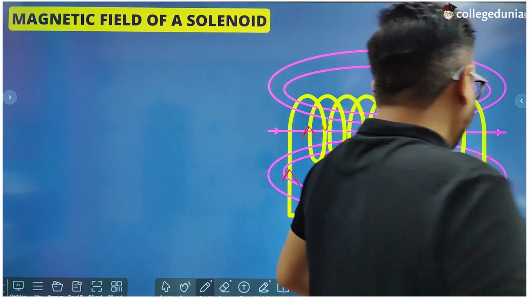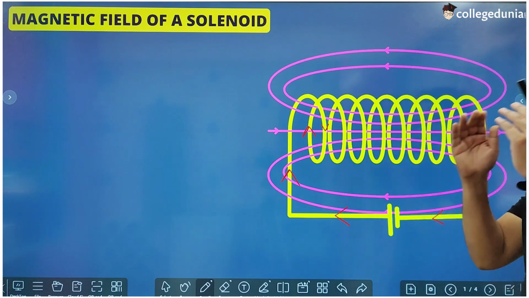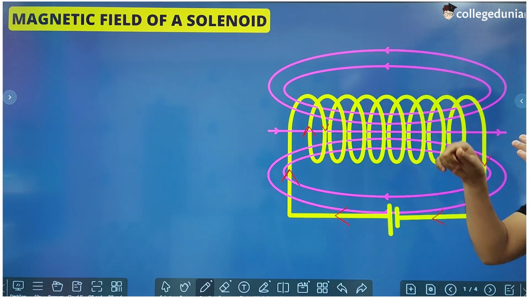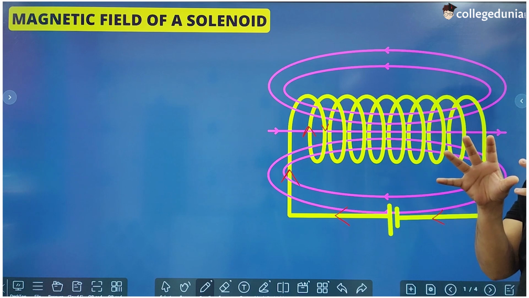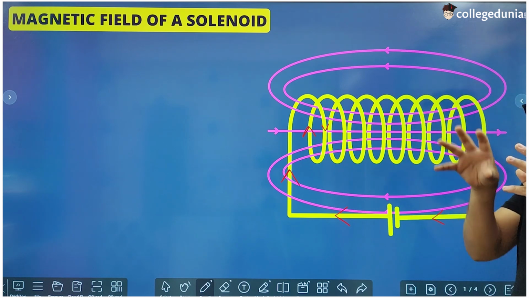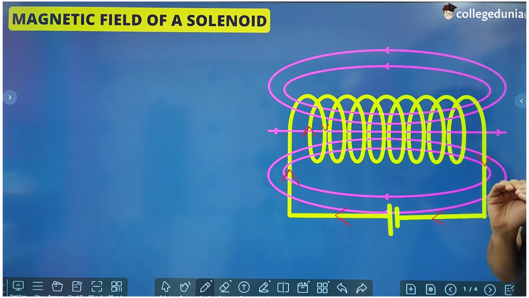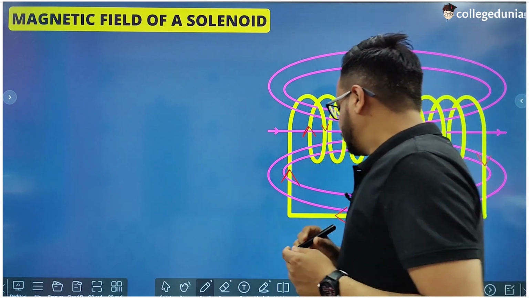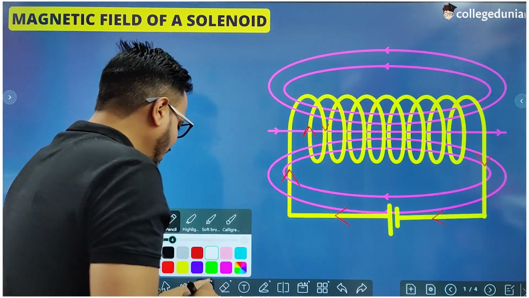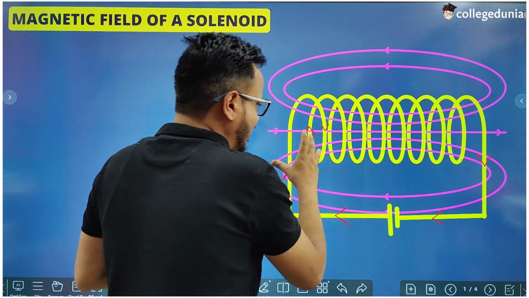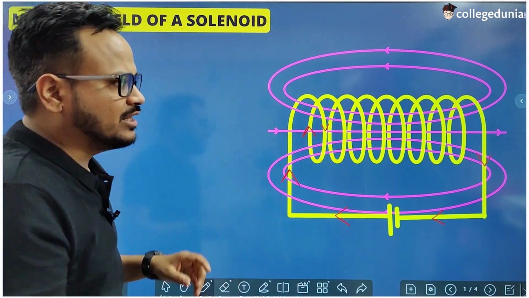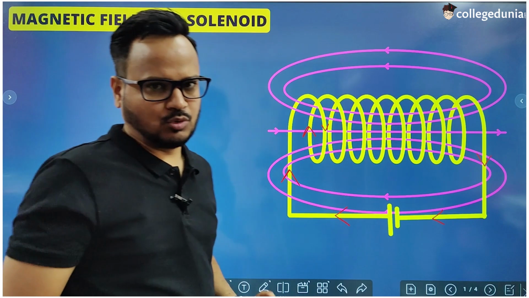And when this solenoid is viewed from this side, then the same current will be seen in anti-clockwise sense. So we can say that north pole will be formed on this side of the solenoid, right? So one end of this solenoid will behave as south pole and the other end will behave as north pole.